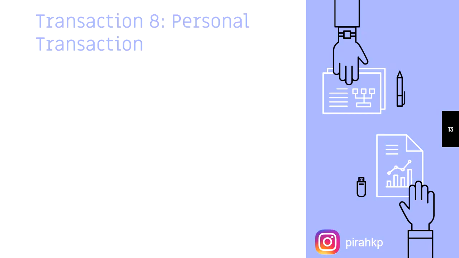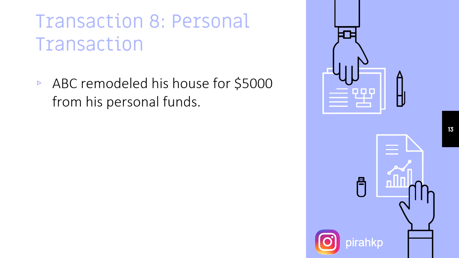Alright, there is another transaction. Personal transaction. ABC remodeled his house for $5,000 from his personal funds. Now do focus on personal funds, as in his own saving. So is there any impact on business from this transaction? No, the remodeling was done for the house, not for the business, as well as the amount was taken from the personal funds of the owner, not from the business.